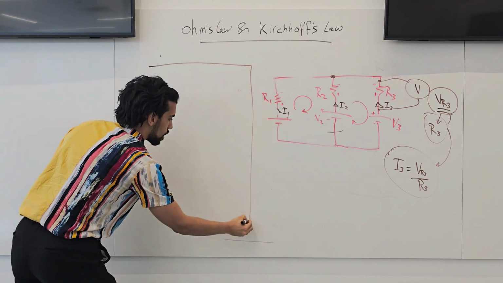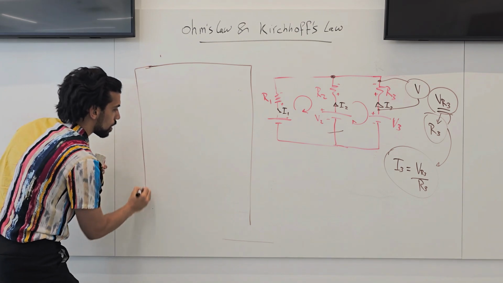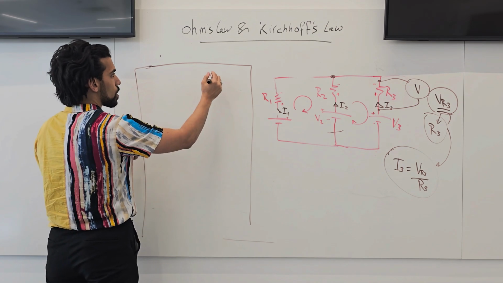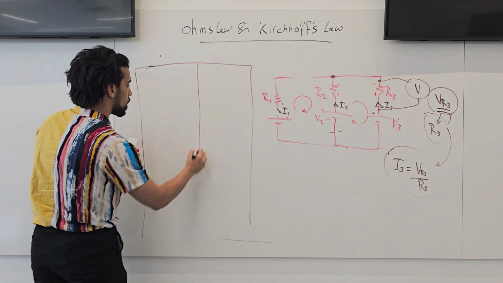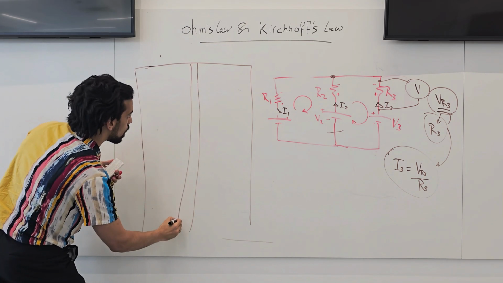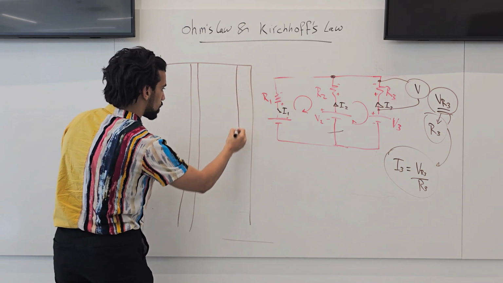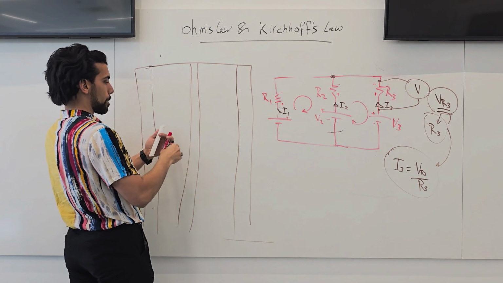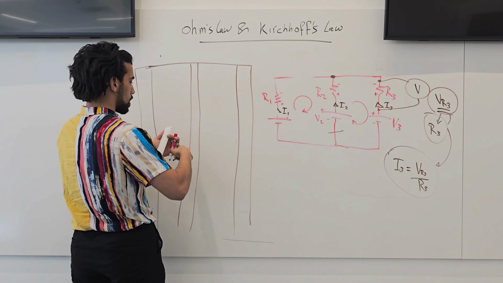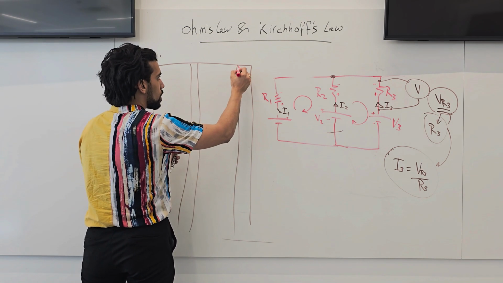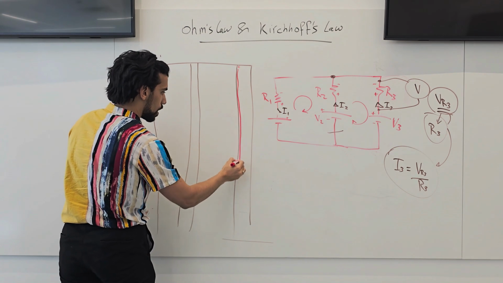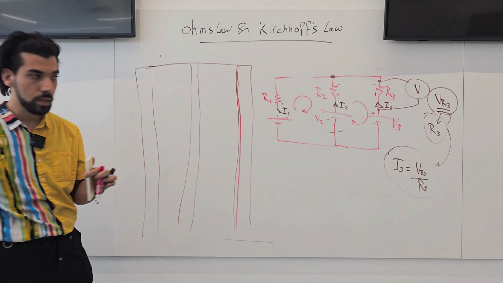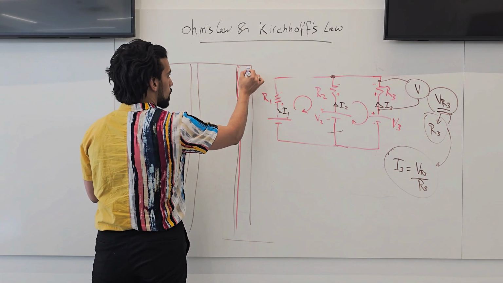Here, this is the white breadboard, and it has different groups. You can have here a gap or a groove. Then you have a section, another section, and the section here. Then you will find a red line which says positive, and a blue line which says negative.